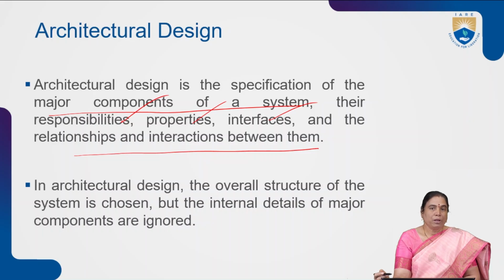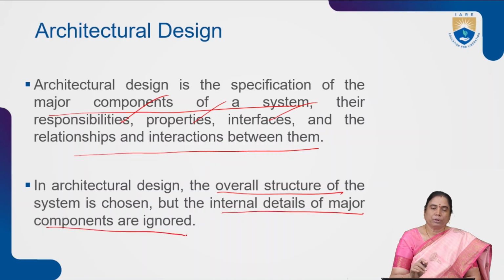Generally, the deployment diagram of UML is greatly helpful for architectural design. In architectural design, the overall structure of the system is presented, but the internal details of major components are ignored.